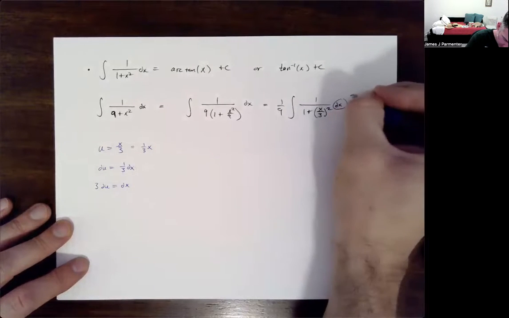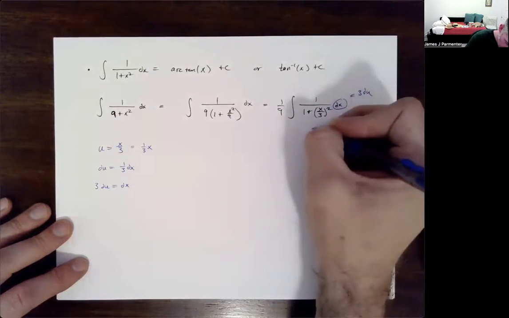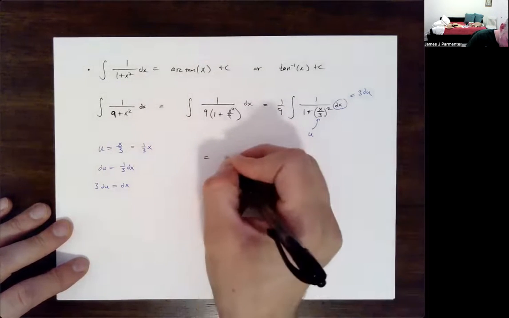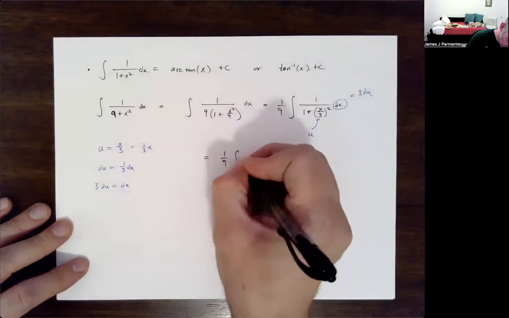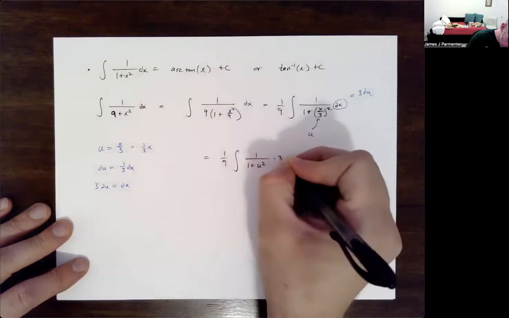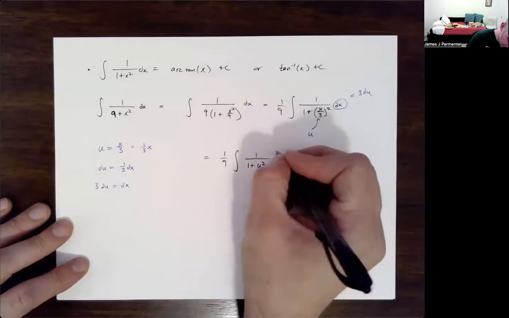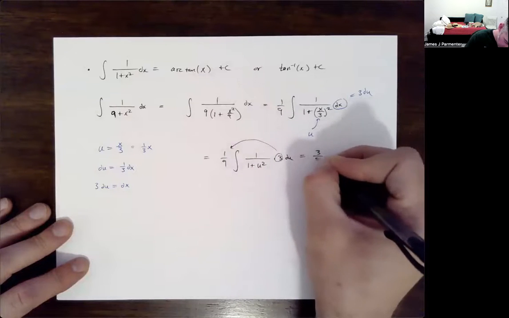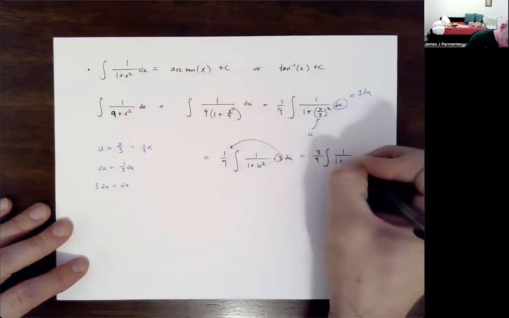That's going to be 3 du. That's going to be u. So this ends up becoming 1/9 the integral of 1 over 1 plus u squared times 3 du. Let's bring the 3 out in front.